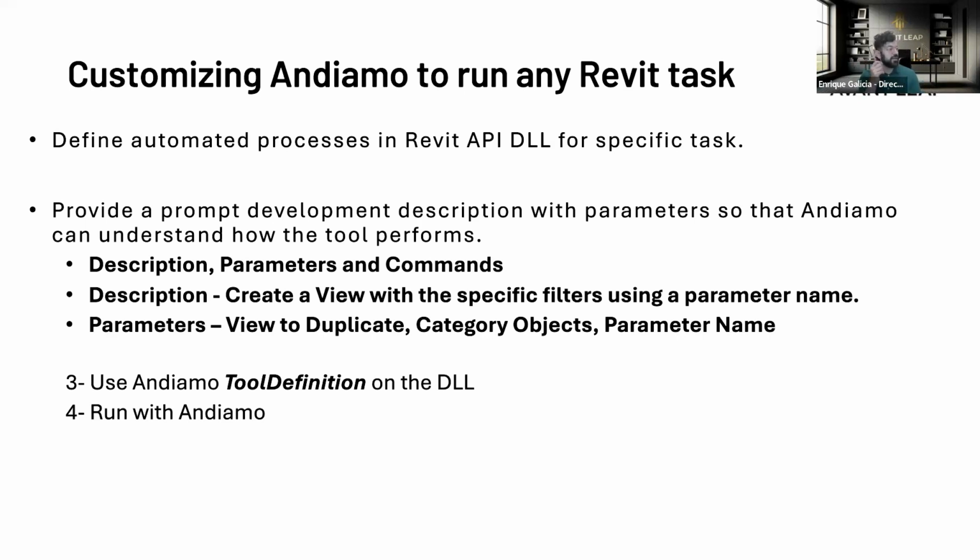Then we need to have description, parameters and commands, which is the instruction that will rule which parameters are needed and, if they're missing, how it's going to ask questions back to us. The dictionary is not already complete, but it could keep on growing. Within the parameters, if we need a category, we want to make it very specific for something that repeats a lot, and then connect it to the Andiamo tool definition.